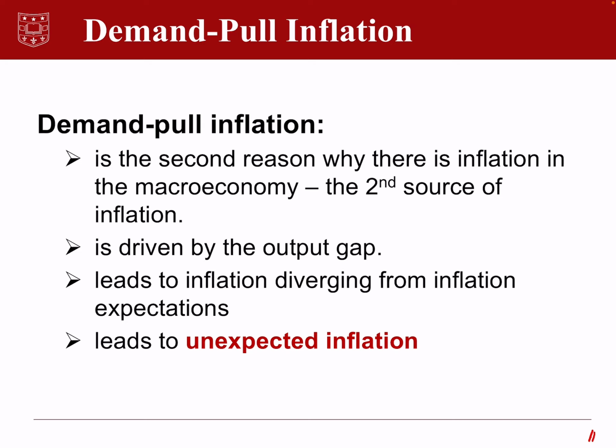So this now allows us to talk about what we mean by demand pull inflation. Demand pull inflation is the second reason why there is inflation in the macroeconomy. Again, we said inflation in the macroeconomy is the result of inflation expectations, demand pull inflation, which is what we're considering here now, and cost push inflation. Demand pull inflation is driven by the output gap.